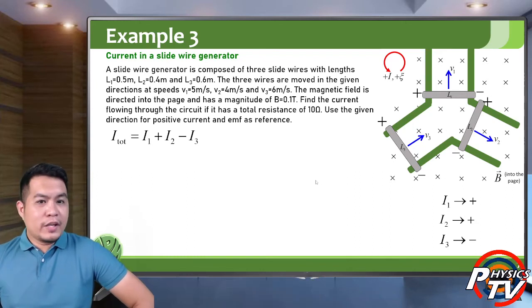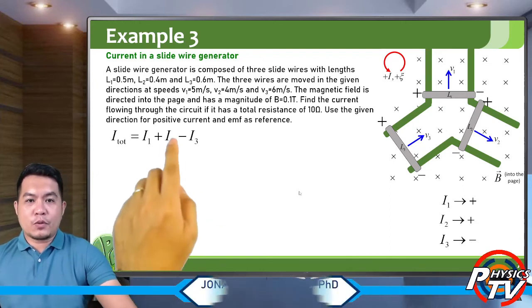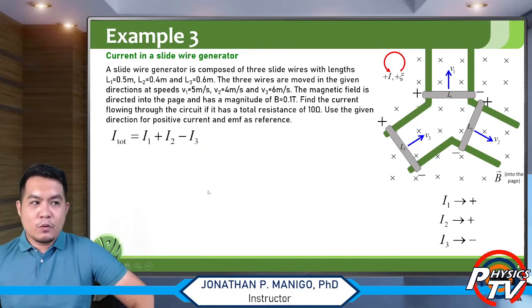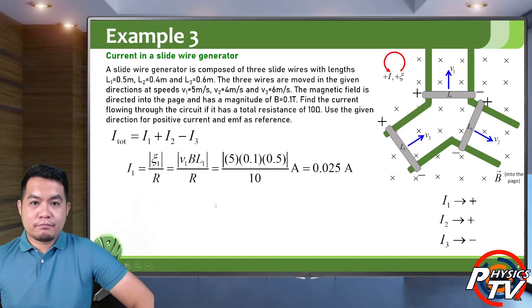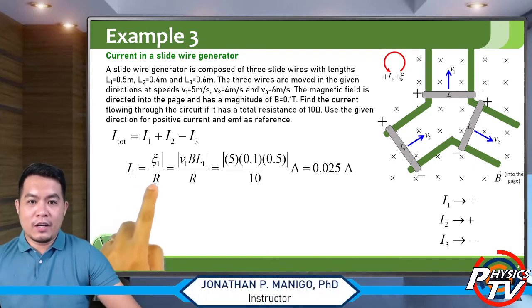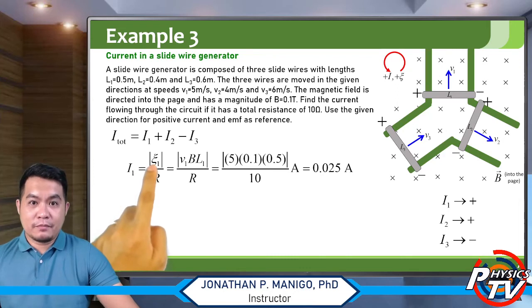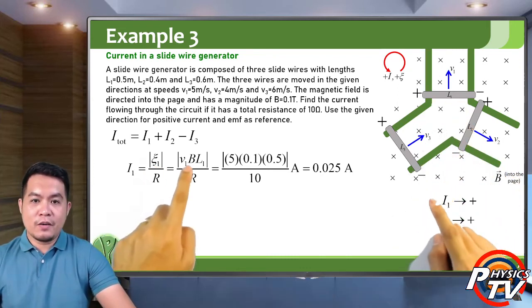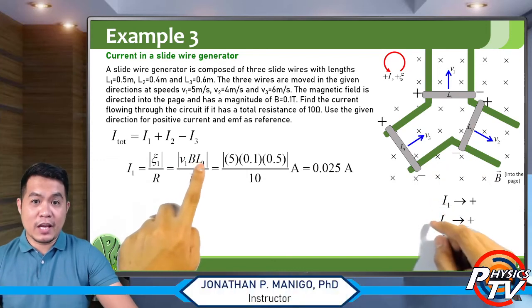Okay, so how do we now solve each of these individual currents? So we use Ohm's law. So EMF over R, where the magnitude of EMF due to slide wire number 1 is just V1B times the length of slide wire number 1.